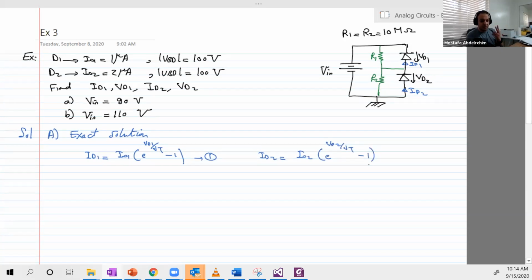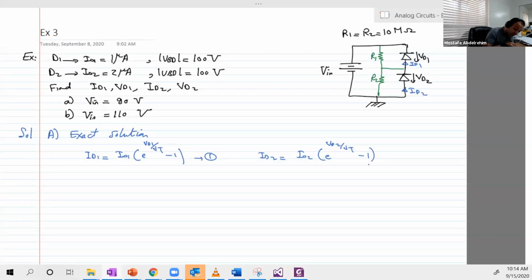So far we have 2 equations and 4 unknowns. Remember, VT is known at 300 Kelvin; if the temperature is not mentioned, you can assume it's 300 Kelvin, and VT will be 26 millivolts. And I naught 1 and I naught 2 are given in the example, 1 micro and 2 micro. But still we need 2 more equations.